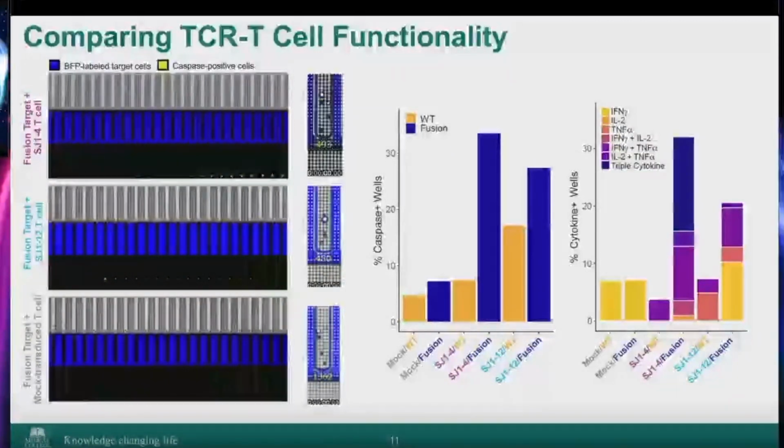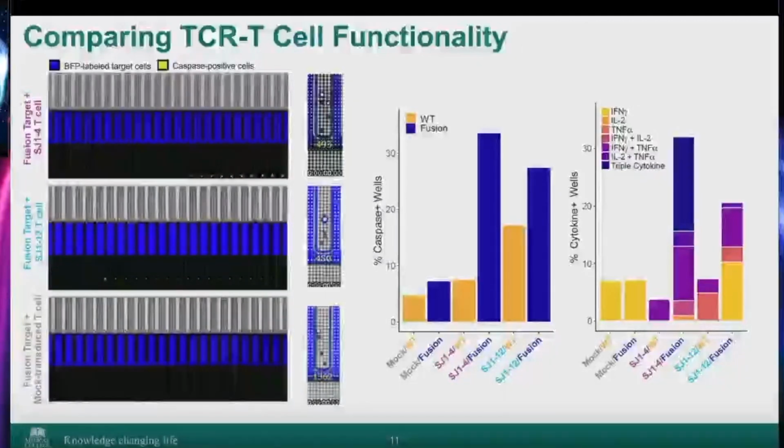One thing I really want to highlight is that with these different constructs, if you look at the SJ1-4 versus the SJ1-12 in the middle, the rate of killing varied depending on the specific TCR T-cell construct that was used.